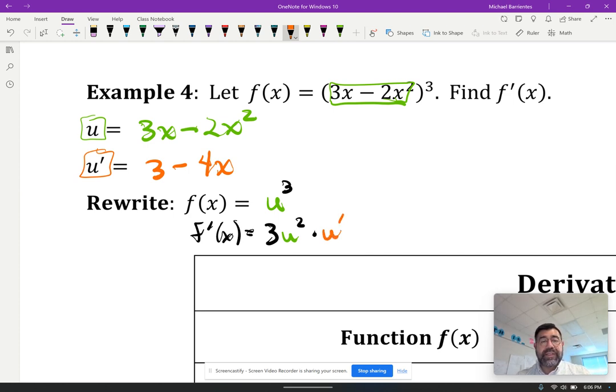So the rule says take the derivative of the outer function. My outer function is u, or something, to the third power. The derivative of that would be 3 times something squared. But the u is still in there. That's my inside function, times the derivative of the inside function.